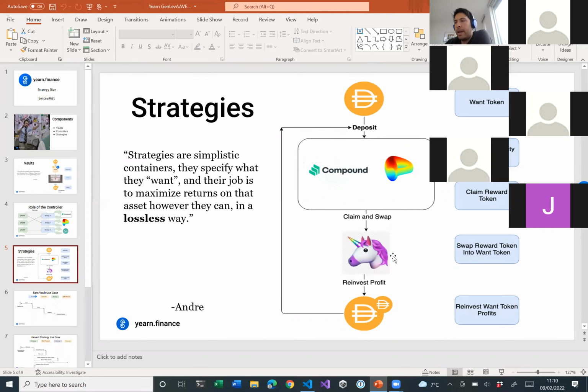They'll sell those reward tokens, which might be COMP, and acquire more of the want token, which in this example is DAI. So they'll be selling COMP for DAI. Then with the extra DAI, you reinvest that back into the strategy, and the whole thing loops. You're just going round and round, amassing more of the want token. That's a really basic strategy.